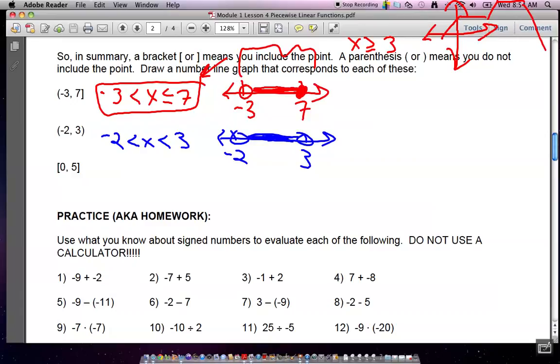Everybody agree? Right, we looking good? Comfortable? Okay. And now do the last one over there. 0 to 5.